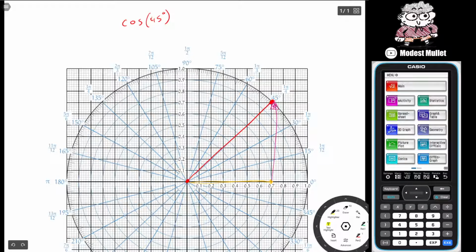Instead of doing one line straight up, we can come across horizontally, and then we could have another line coming up vertically. So instead of doing an angle, we've got a horizontal and a vertical. Cos is telling us the length of this horizontal line there.